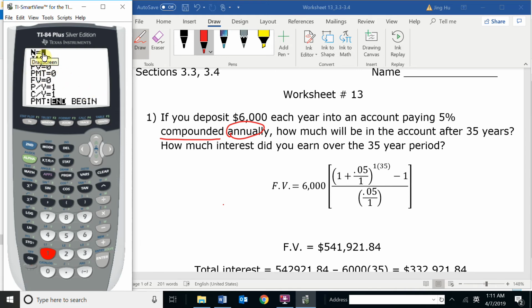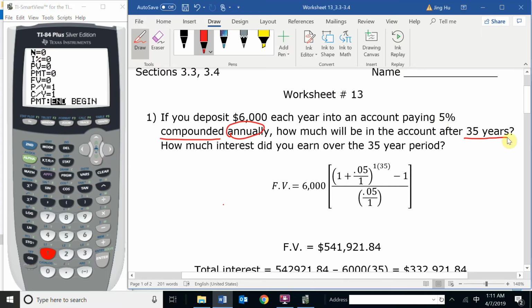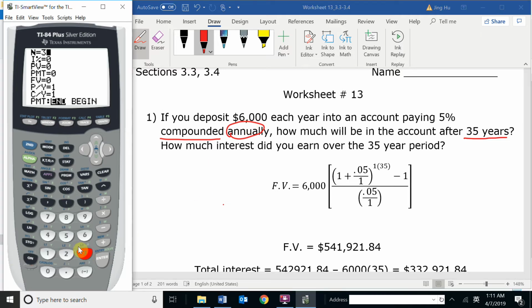So now let's input the time period N. Here is 35 years. So we input 35, and because the keyword is annually, that's 35 years, enter. The interest is 5%.